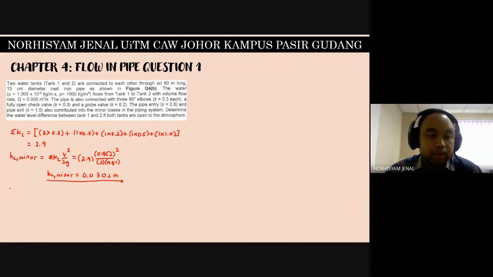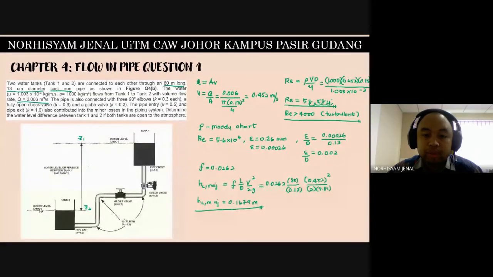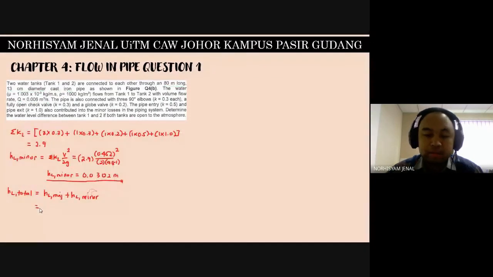right. So HL total should be equal to HL major plus HL minor. So equals to HL major is 0.1679 plus 0.0302.